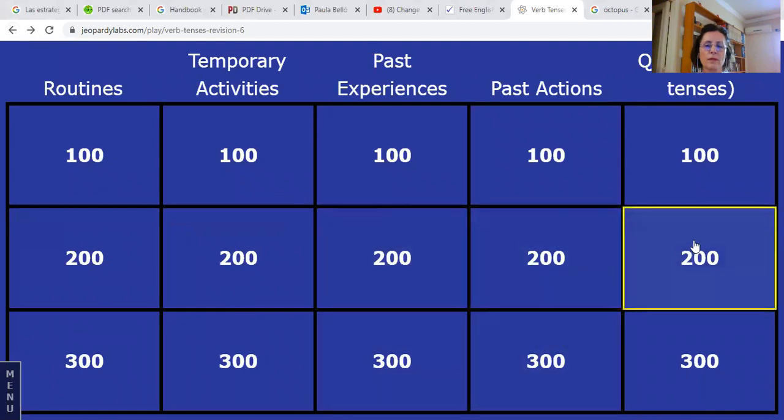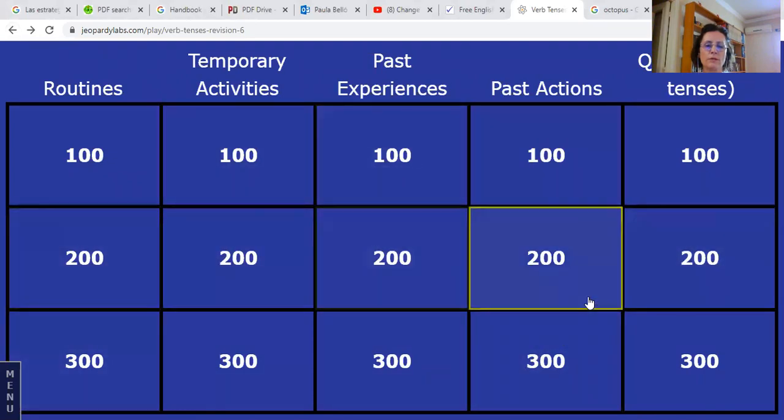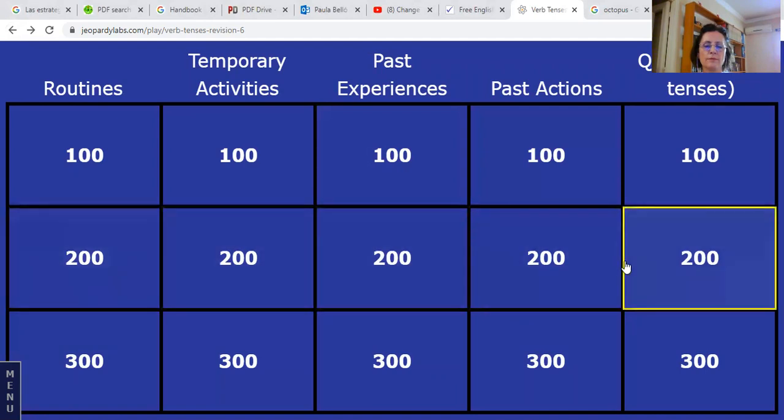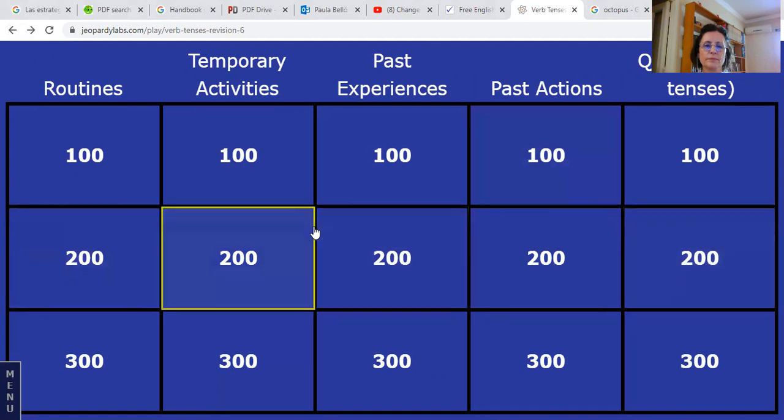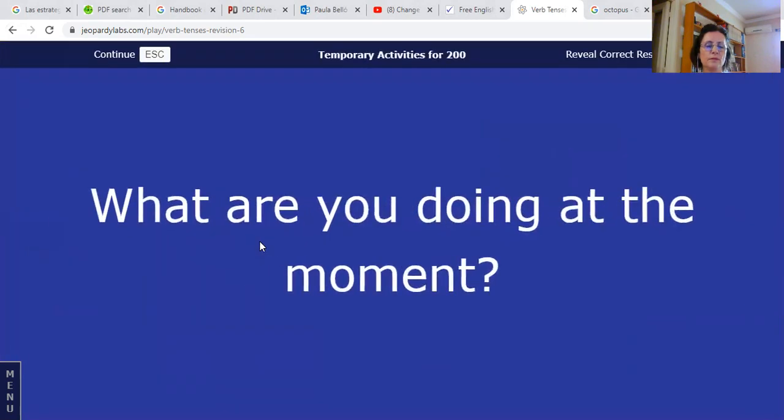Yes. We did the hundreds, 200s. We haven't done temporary activities, no? Routine. What are you doing at the moment, now, at this moment?